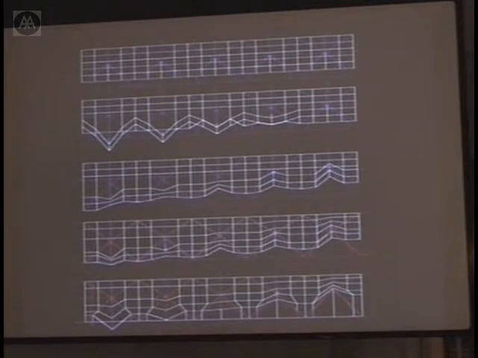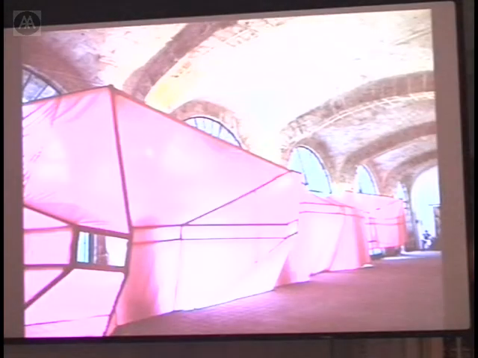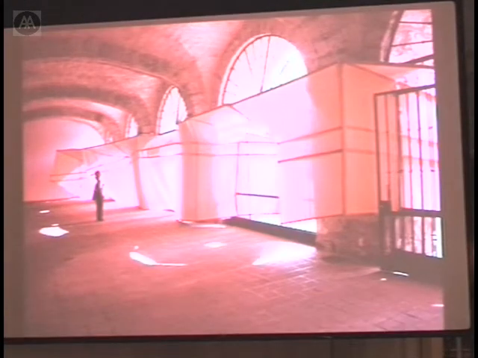So we developed this strategy of folding the vaults outwards and in plan to create a meandering system that bridges the gap between inside and outside. And this is the result that we did with students of the university in Mexico.